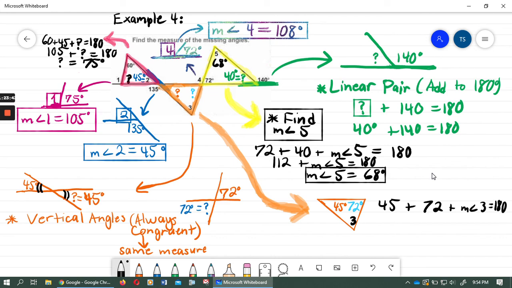That right there gives you 117. 117 plus the measure of angle 3 equals 180. So subtract the 117 on both sides, and we end up getting that the measure of angle 3 has to be 63 degrees. And folks, that right there is the last thing that we had to find for this example.